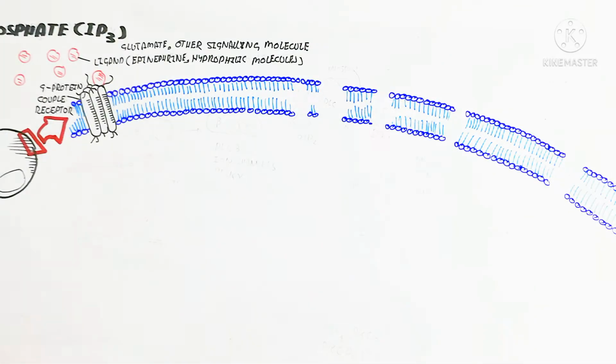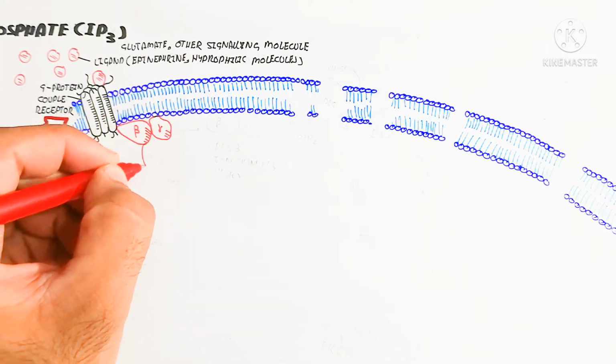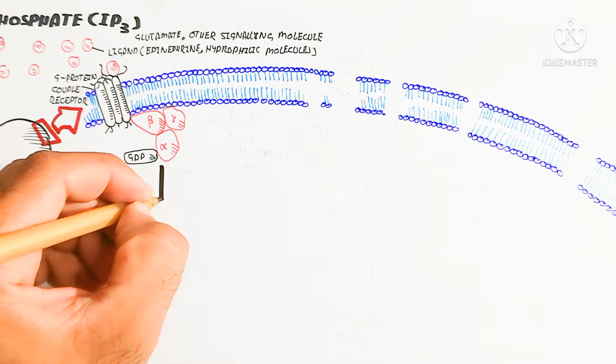The ligand can be glutamate, another signaling molecule, epinephrine, a hydrophilic molecule, or, for example, growth hormone.